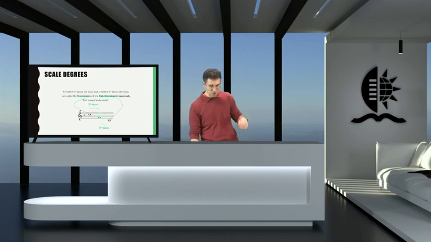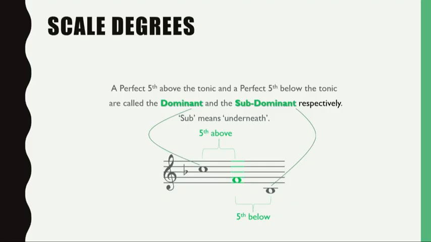Now, the next important notes are the dominant and the subdominant. And this is how they work. These notes are a fifth above and a fifth below the tonic. So if we're working in F major, a fifth above is F, G, A, B, C. So C above F is called the dominant. Then the subdominant, sub means underneath.